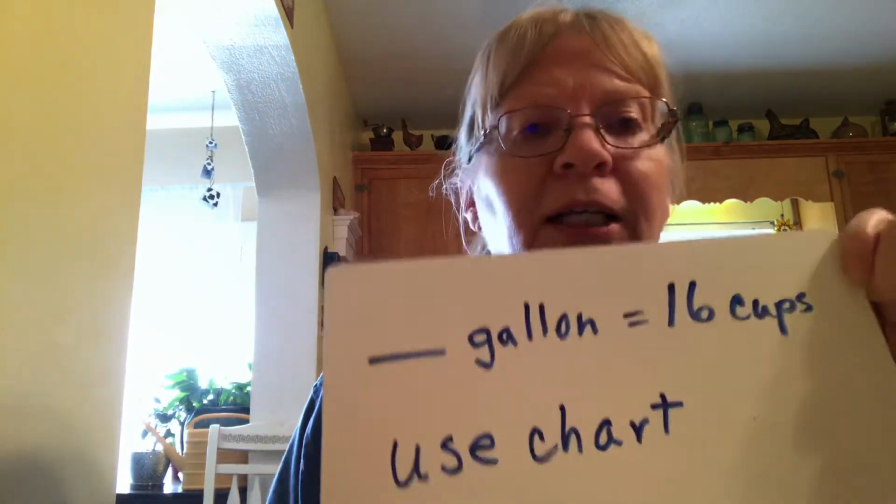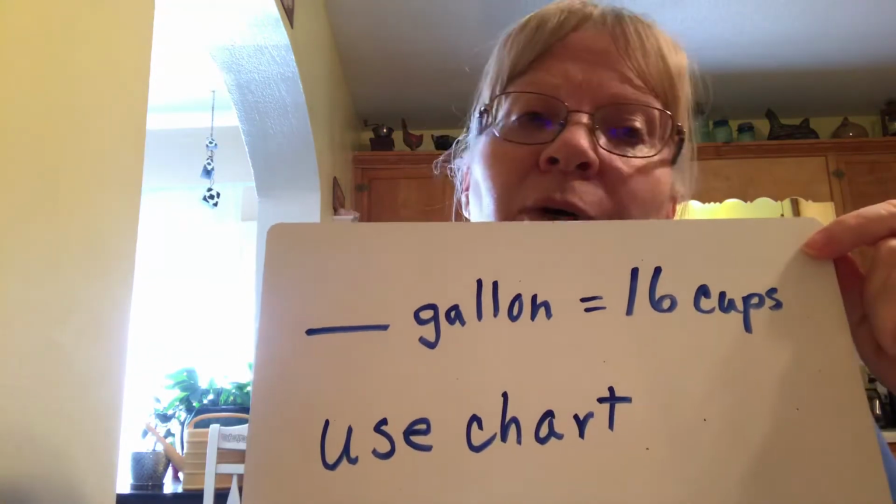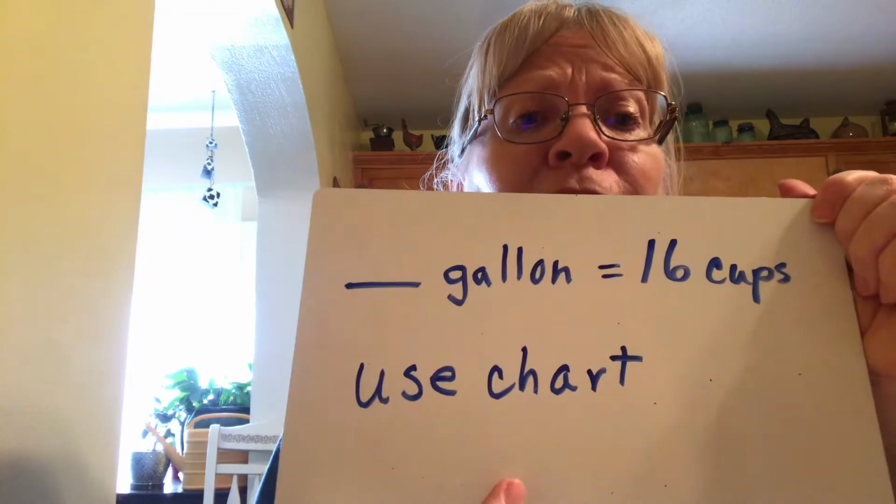This time we have gallons, and they say we have 16 cups. The first thing we need to do is use our chart. I'm going to look at the chart and see how many cups are in a gallon.